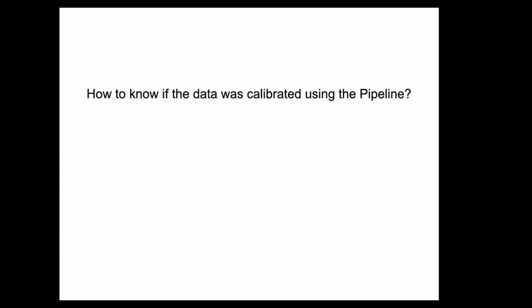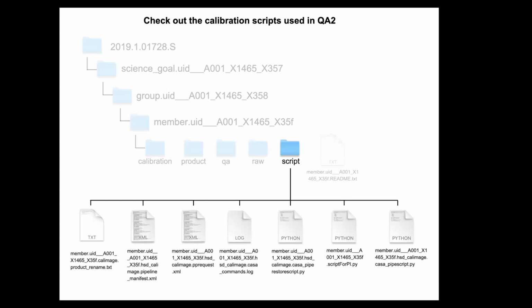So how do you know if the data was actually calibrated using the pipeline or not? Well, one easy way is to go to the script folder, and there you will see the scripts that come along with the package.